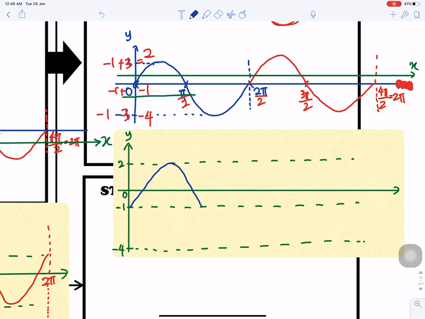And for your information, the line x equals -1 actually used to be the x-axis, but now it is not. Then from here, one complete cycle. Boundary line. Second one like this, and one complete cycle.